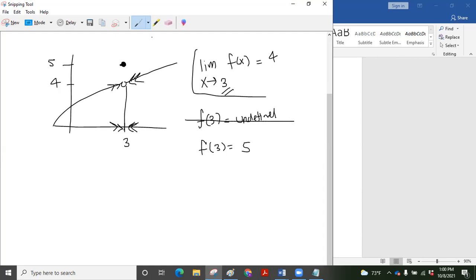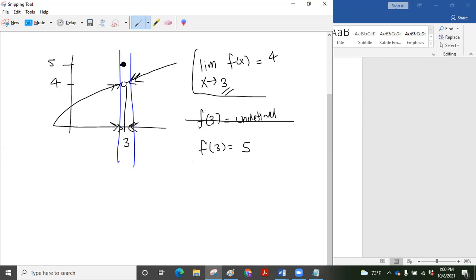You can think of it like a lane, right? You're closed in on this lane of your a value, and your limit exists at 4, but if you plug f of 3 into the function, the point is defined at 5.